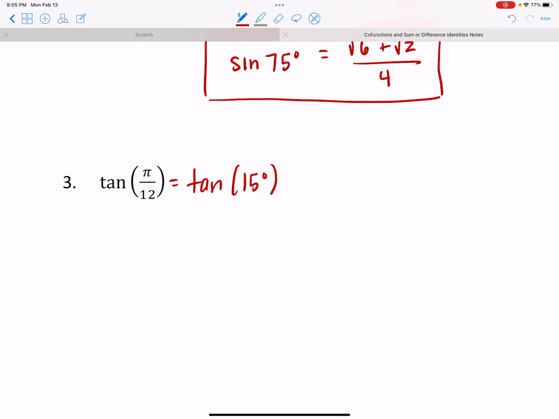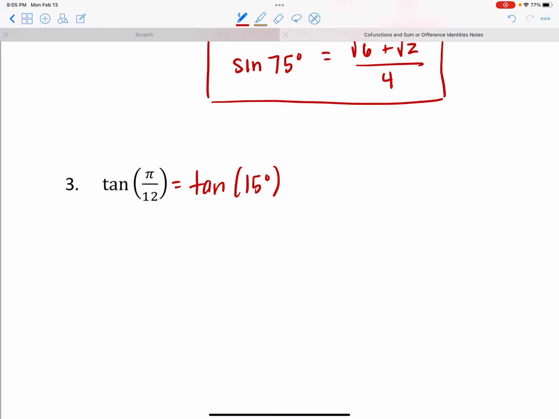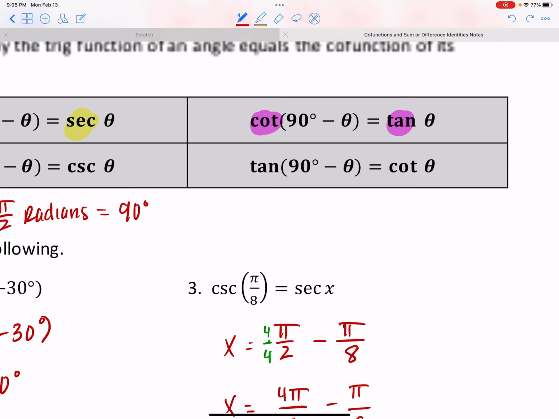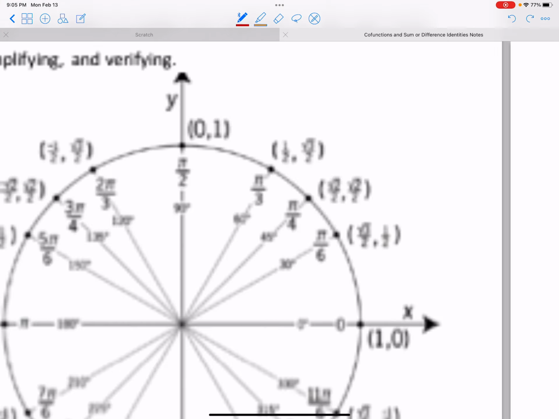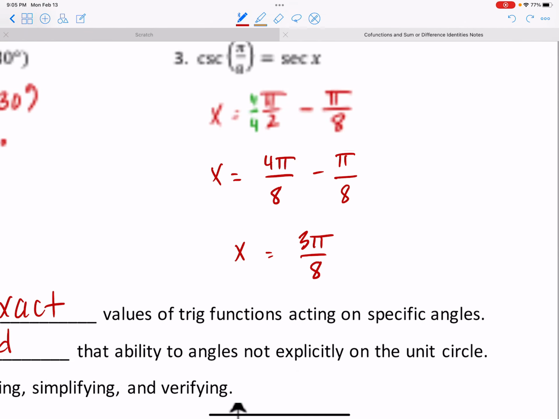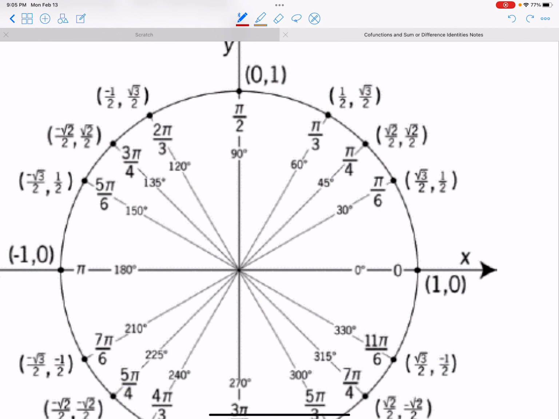Now again, 15 degrees is not explicitly on my unit circle, but I can find some angles that can get me to 15 degrees when I add or subtract. There's going to be a lot of ways you can do this. There's a difference of 15 degrees between a whole bunch of these angles. It doesn't matter what two you choose and whether you choose a sum or a difference. So I'm going to go with 45 and 30.